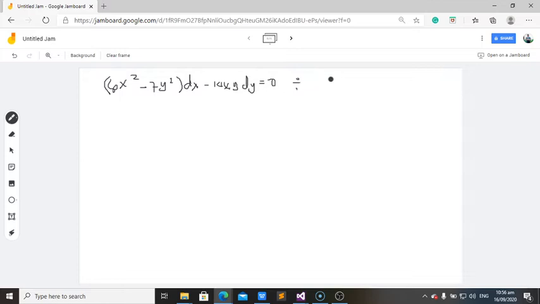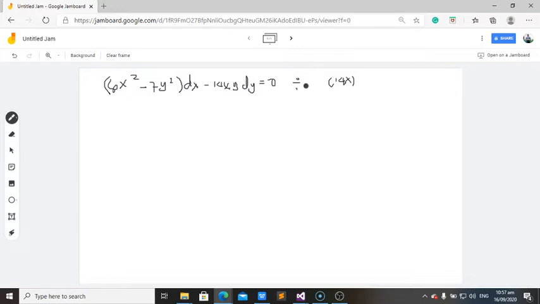So, let's try to have 14x here. In the other side, 7y squared. So, okay, let's just say 7y squared. But again, remember that when you multiply this one, that is different, right?